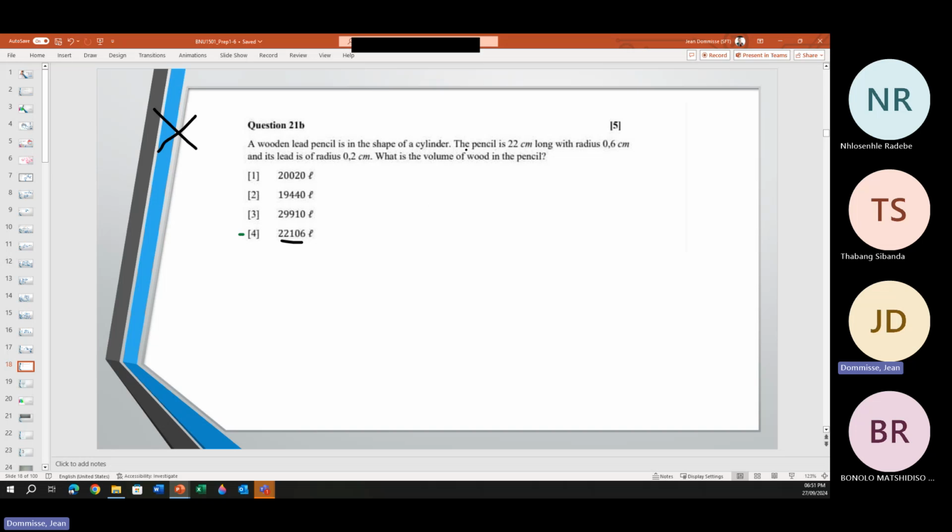So the pencil is 22 centimeters long, and again that is nearly the length of a pencil or pen that you have, with a radius of 0.6 centimeters. Okay, and the length of that they said was 22 centimeters.